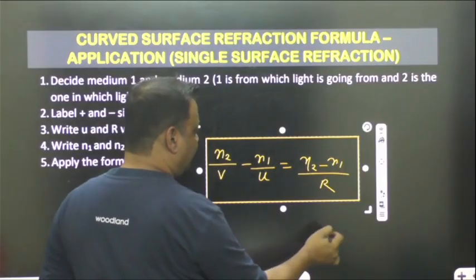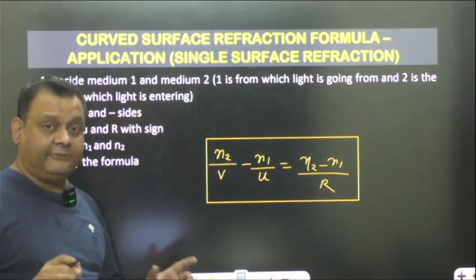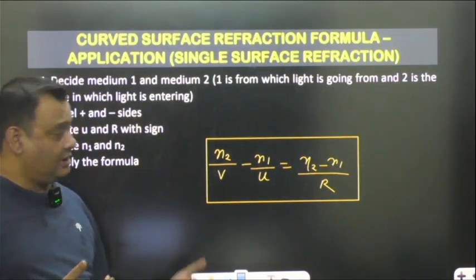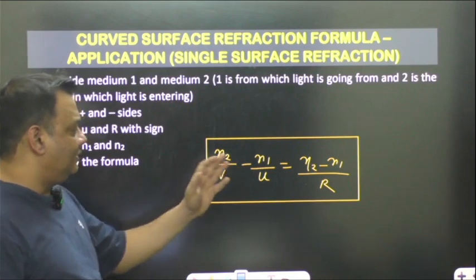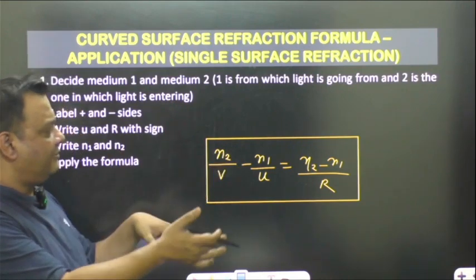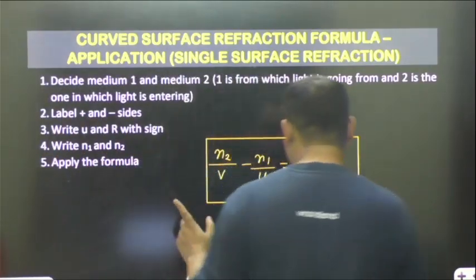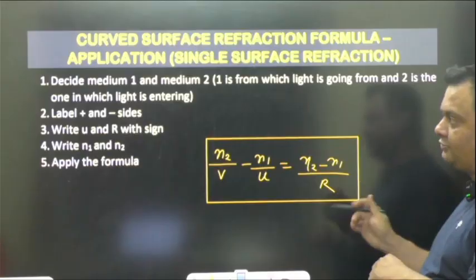And we have seen the sign convention, and I recommend you don't go ahead in this lecture if you haven't gone through lecture 1 of curved surface, because in that lecture we saw the sign convention, how we apply positive and negative signs, which side is taken as positive and which side as negative. If you haven't gone through that lecture, first go through lecture 1, then come back to this lecture.